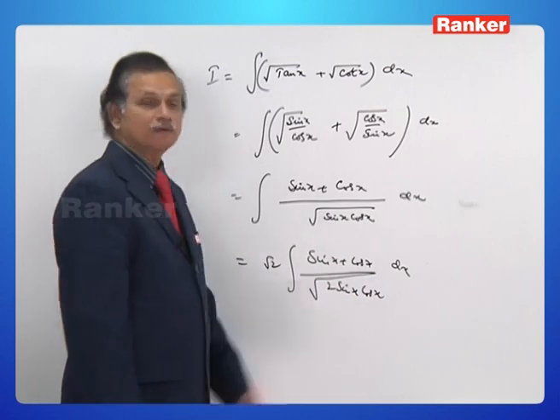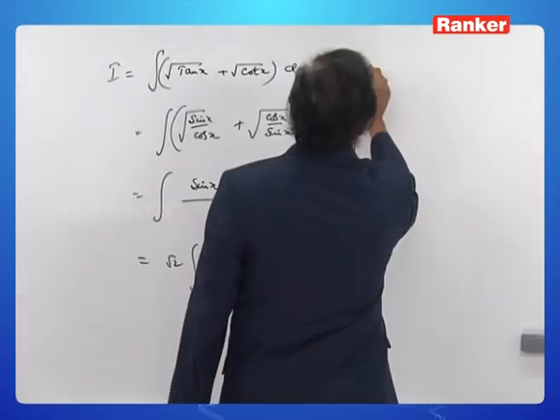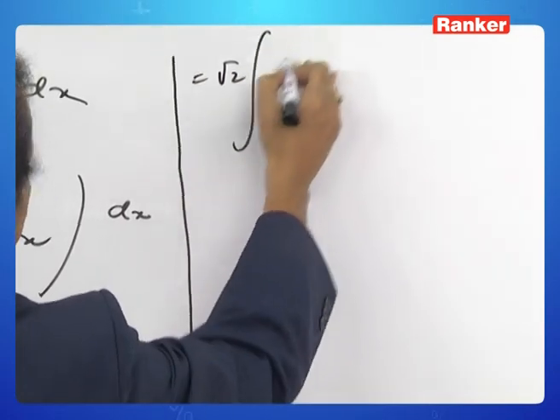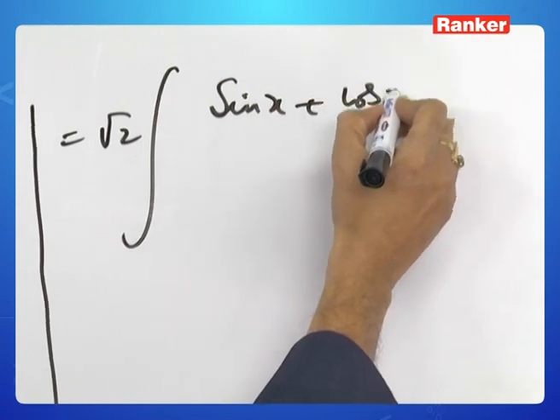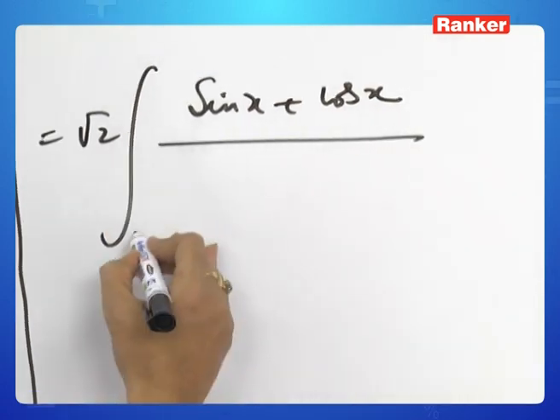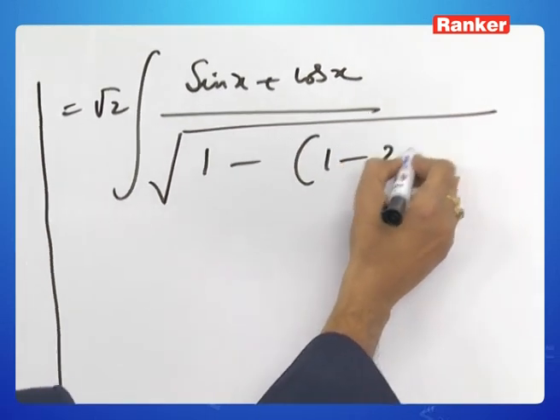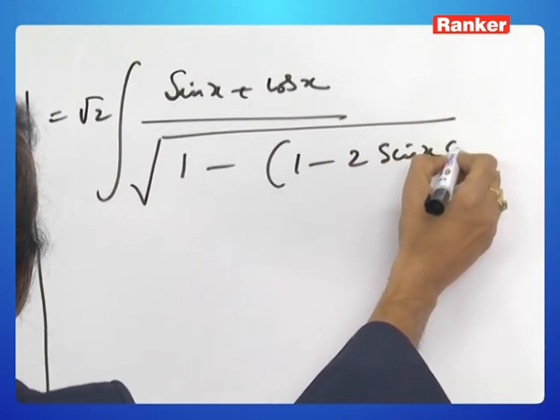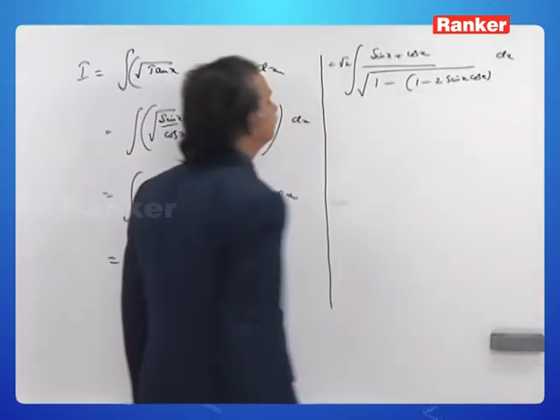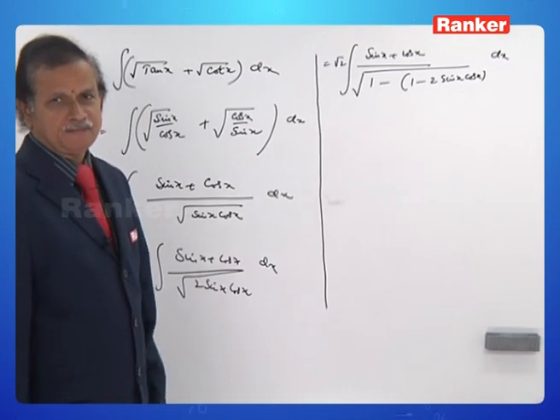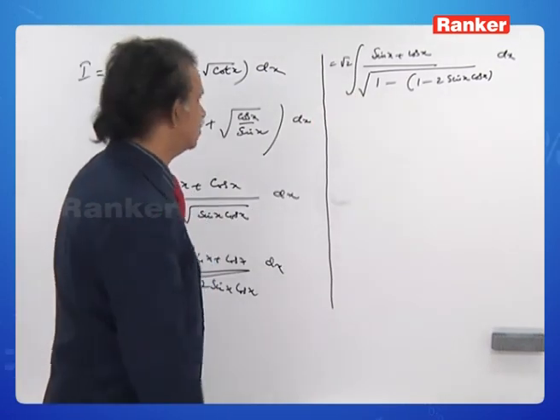Root 2 gets cancelled. Well, next, what to do? Is equal to root 2 into sin x plus cos x by square root of 1 minus of 1 minus 2 sin x cos x. Any problem? 1 minus of 1 minus of 1 go away, leaving you 2 sin x cos x.